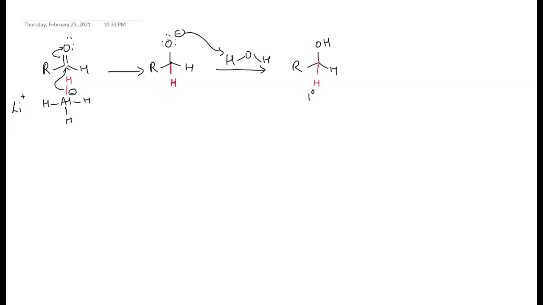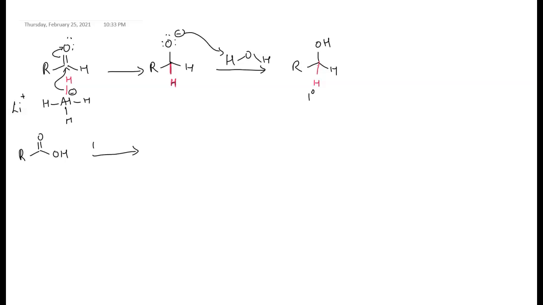So if you have an ester, the mechanism is slightly different. Here I'm going to show you only the reaction. That means if you have a carboxylic acid or an ester, this is a carboxylic acid, right?